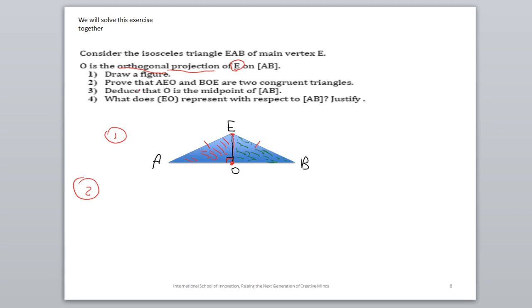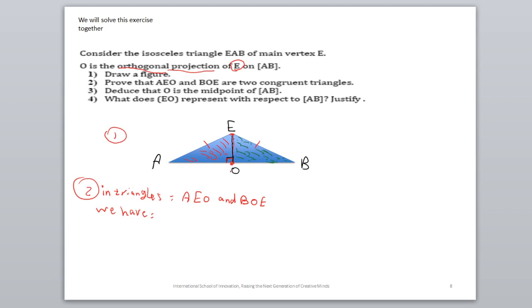So in number 2, we have in triangles. So how could you write your answer? In triangles, sorry for bad handwriting, A, E, O, and B, O, E. Write the things that you need to prove.